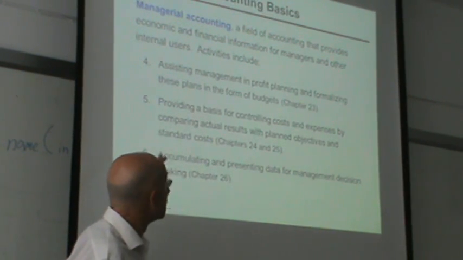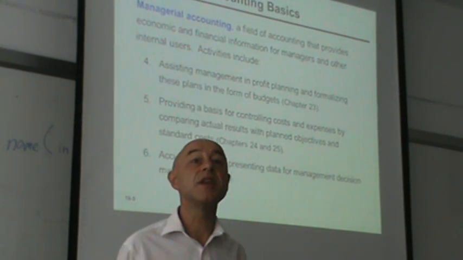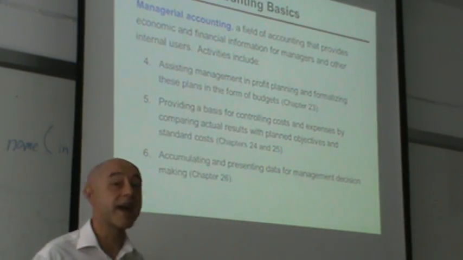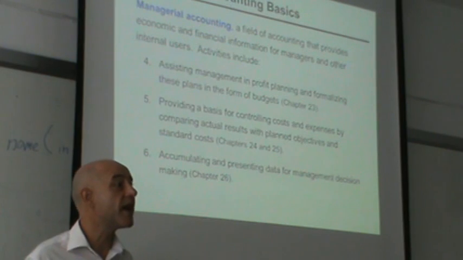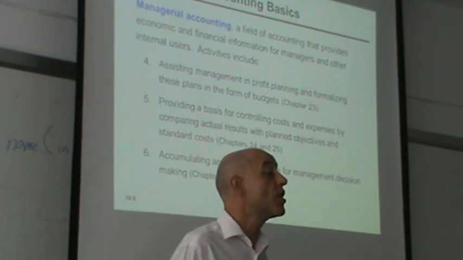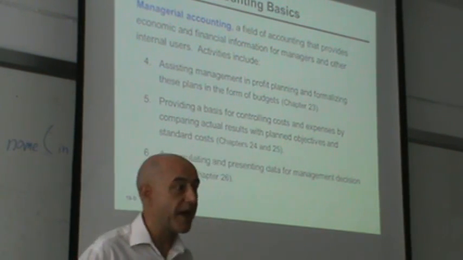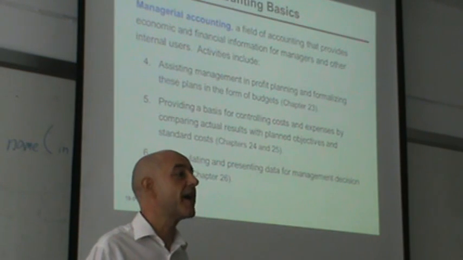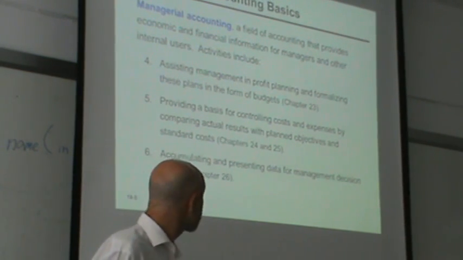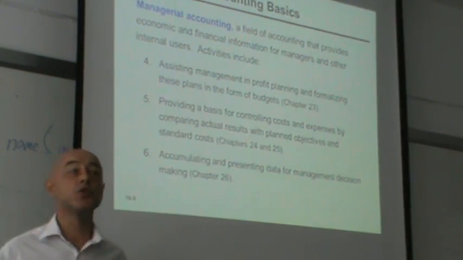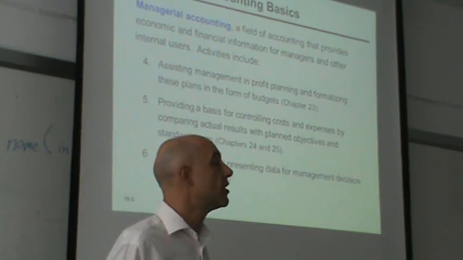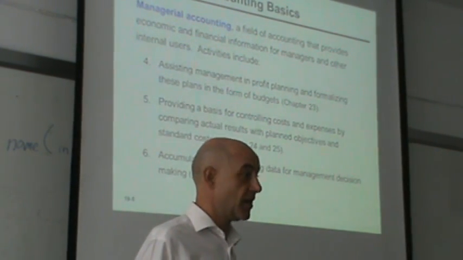Number 4, to assist management in profit planning. You want to have profit planning, and you want to be able to budget. It means you plan your revenues, you plan your expenses. You want to control your costs.